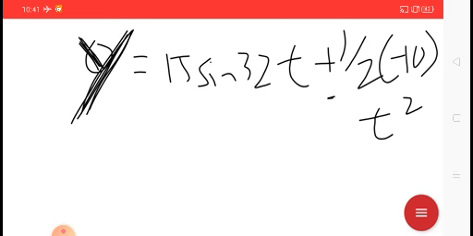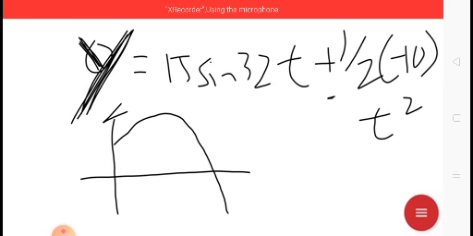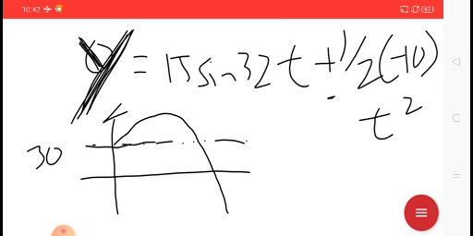Based on the drawing at the beginning, how are you going to solve it when the vertical distance equals 0? I go back to the graph. The graph is like that, and it touches the ground. This is the point where it is projected.